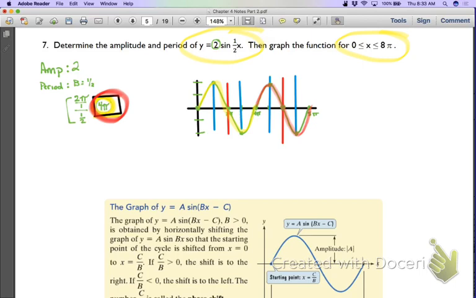Sine's always going to start and end on 0, and halfway, it's going to be at 0. If you can find your bookends, where it starts and ends a period, everything else, in high school terms, should be cheese, because you're just going to go halfway.